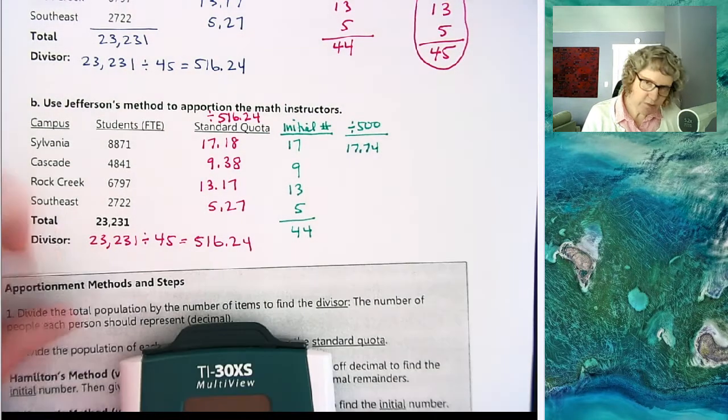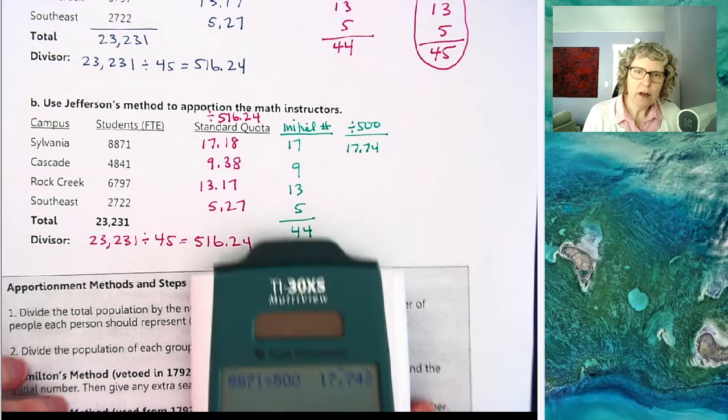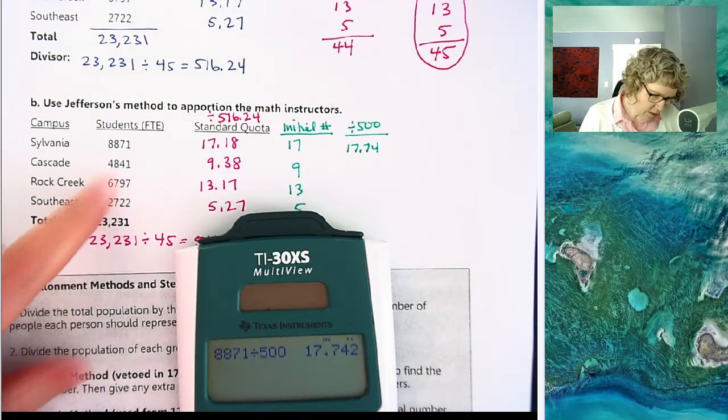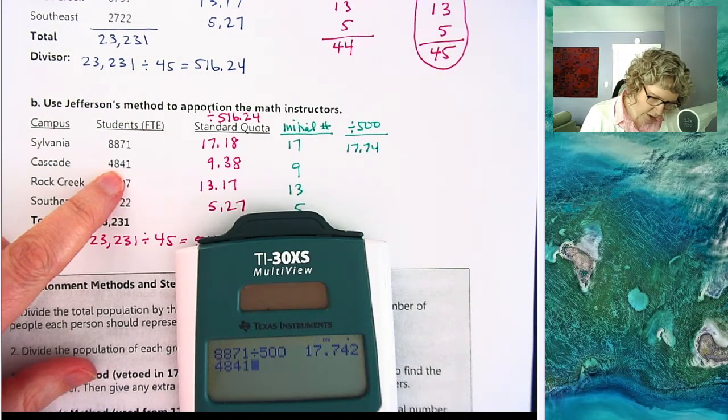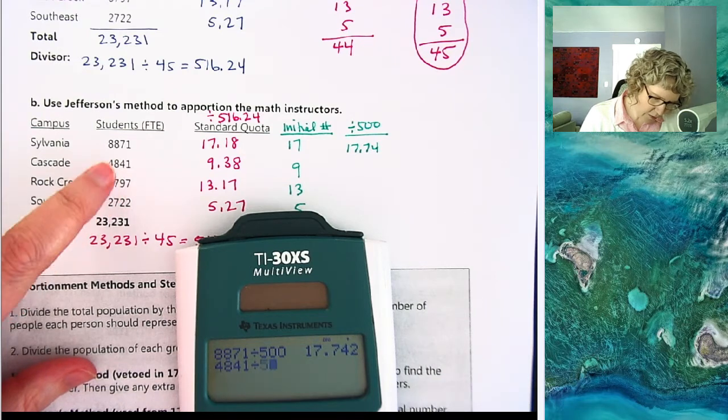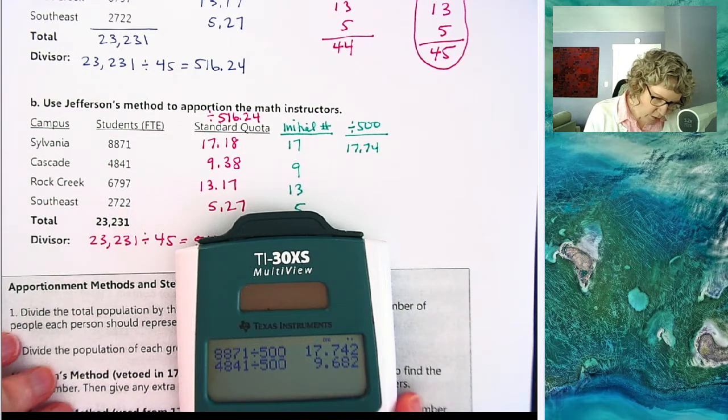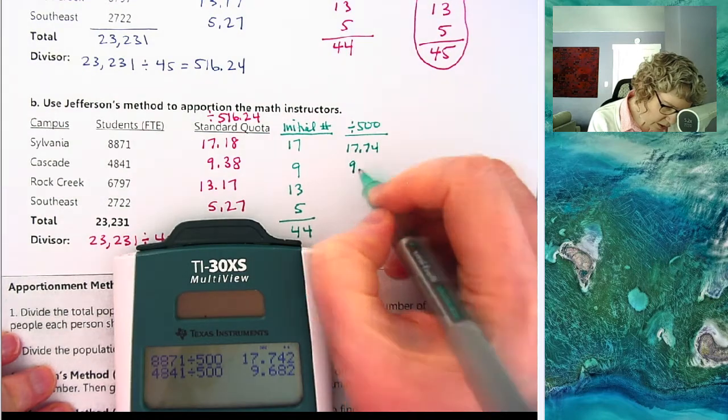Okay, great. So now let me divide Cascade. 4841 divided by 500 this time, which is 9.68.